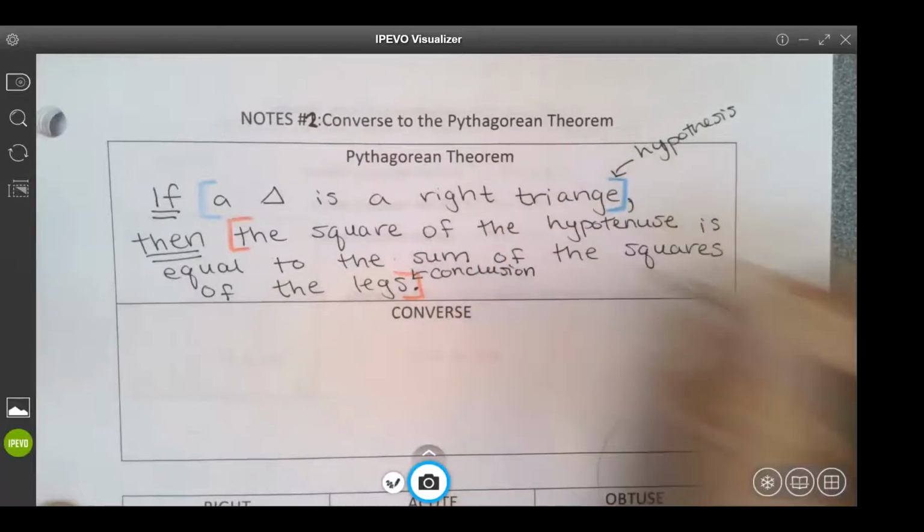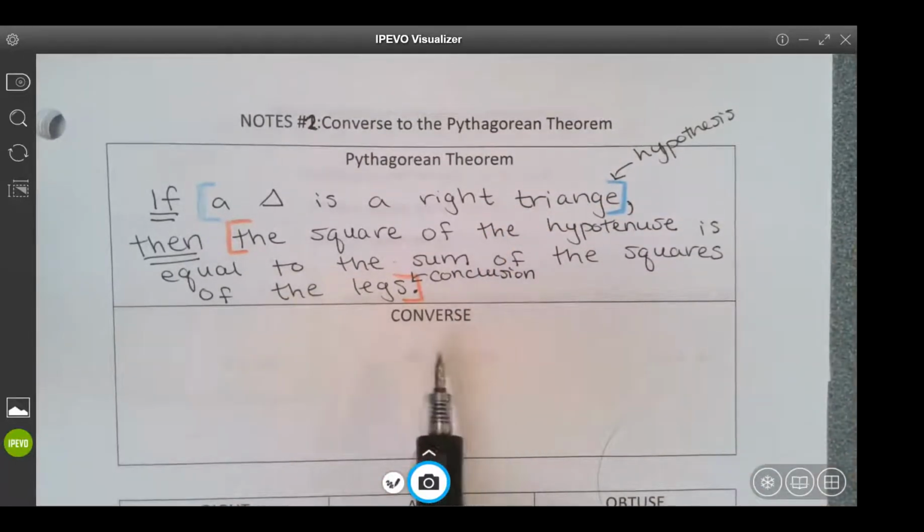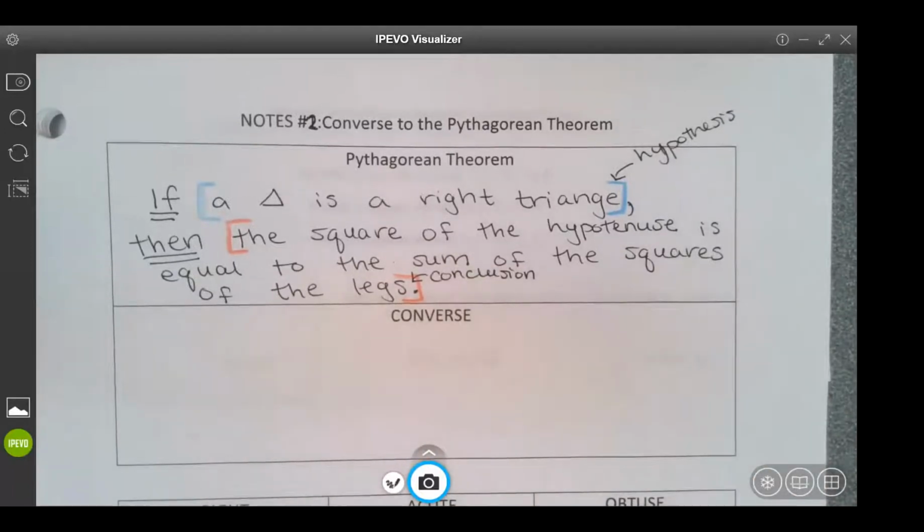When we were in this unit where we were writing these if-then statements, we looked at the converse and then decided if the converse was true or false. When we did the converse, all we did was we flipped the conclusion and hypothesis around.